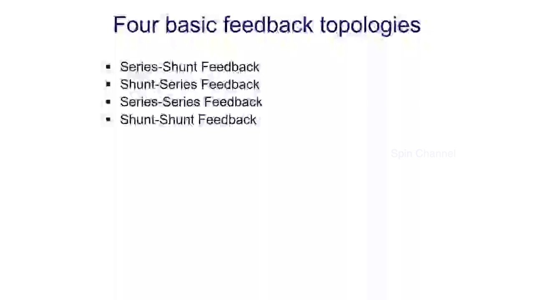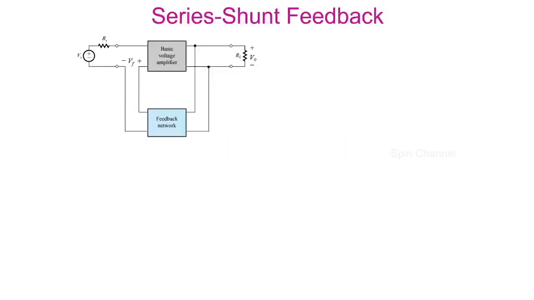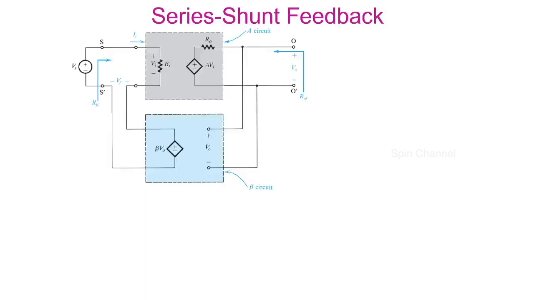In the next session, let us analyze all the four feedback topologies for closed loop gain, input resistance, and output resistance. First, let us start with the Series-Shunt Feedback Amplifier. The ideal structure of the Series-Shunt Feedback Amplifier, with basic amplifier and feedback network replaced by their equivalent circuits, is shown like this.